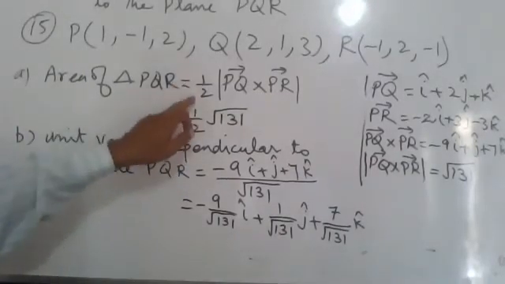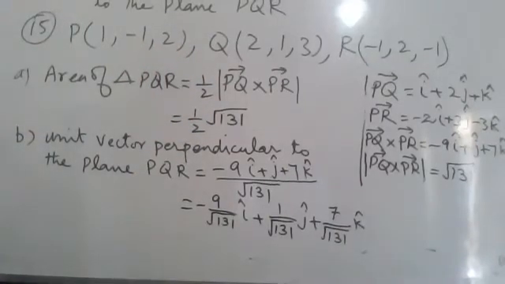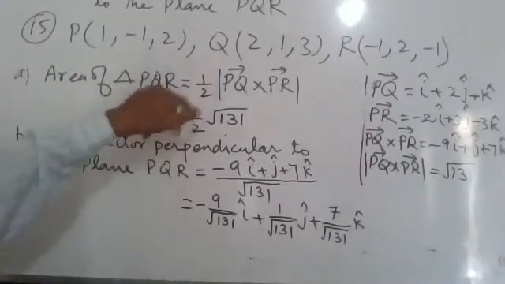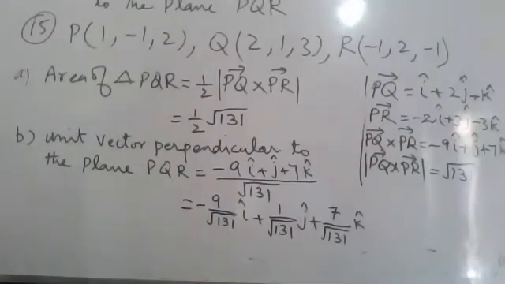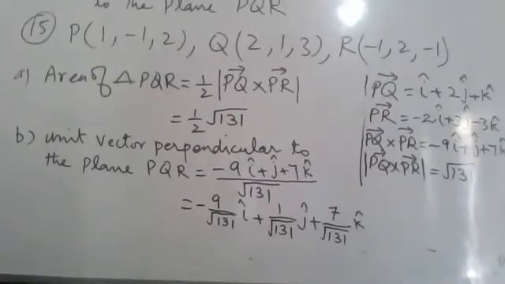So this is the way how to find the area of the triangle and how to find the unit vector perpendicular to the plane. That was question number 15. So 15, 16, 17 are solved in the same way.